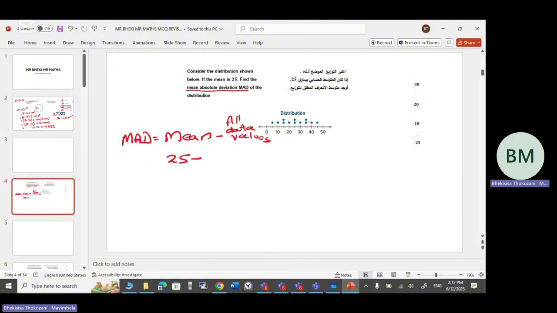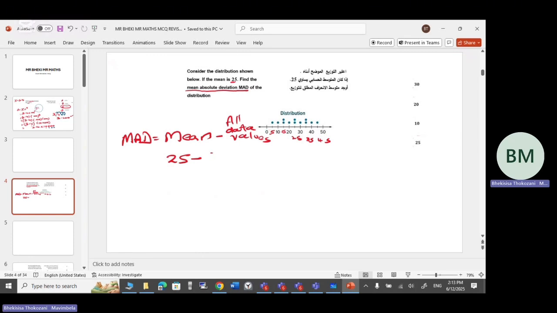The interval here is 5. So in other words, here we have 5, 15, 25, 35, and 45. That's very important to determine before you can start. So my mean is 25, which is given to me here.